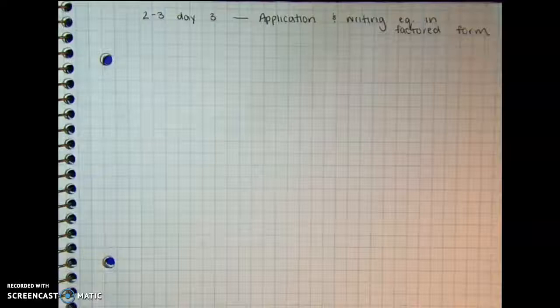Hey, Algebra 2. Today we're going to be talking about section 2.3 again and focusing on application and writing equations in factored form.